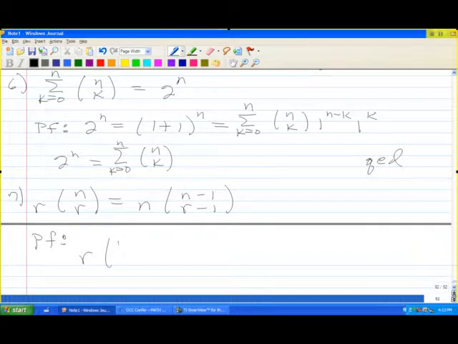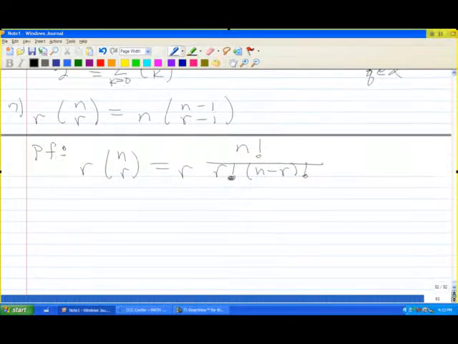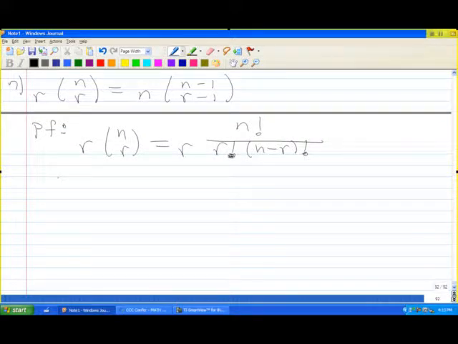Well, r times nCr. nCr is just equal to n factorial over r factorial, n minus r factorial. Next, r factorial is just r times r minus 1 factorial.